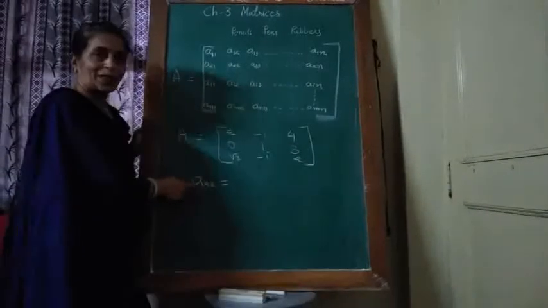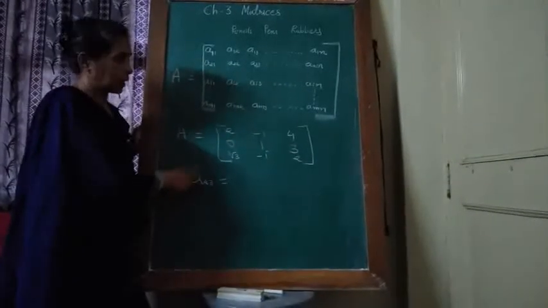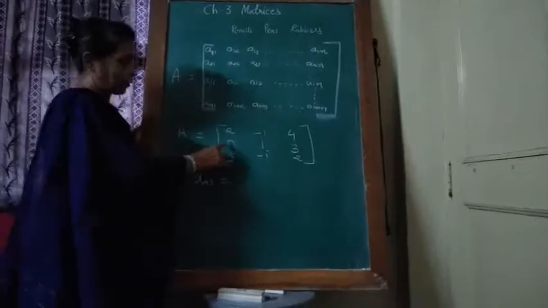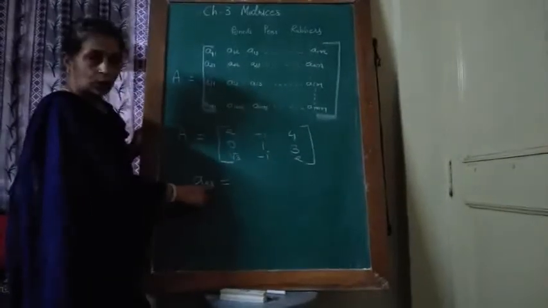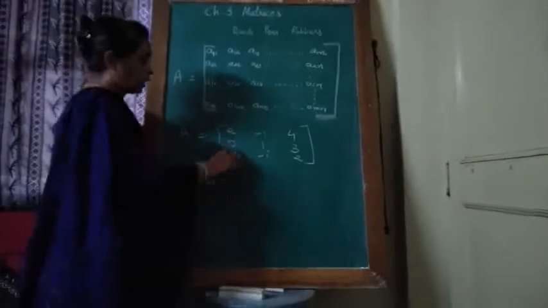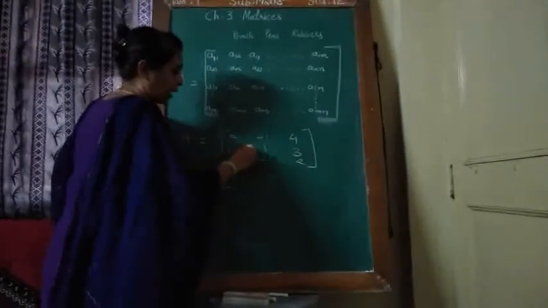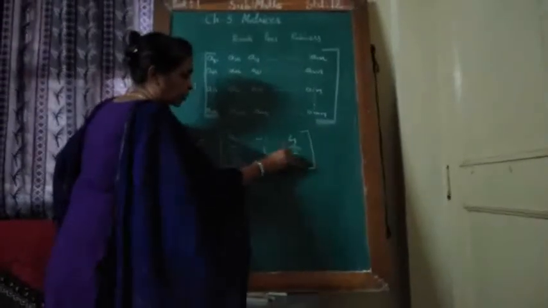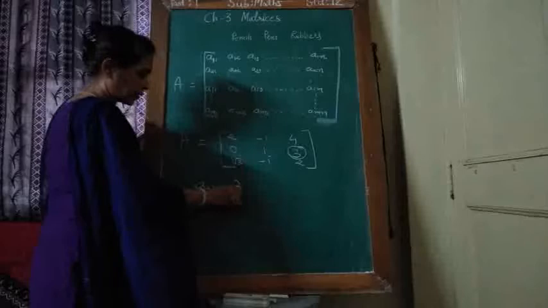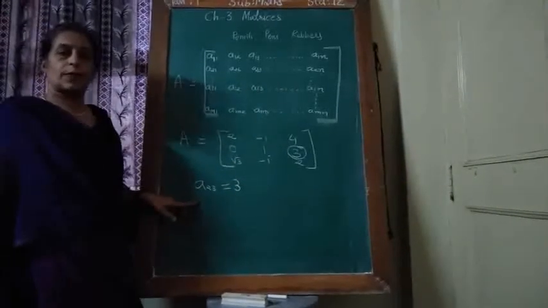This is called one kind of address of that number. So second row, and the column number is 3, so the third column is this one. Second row, third column, so 3 is located at this A23. Clear?